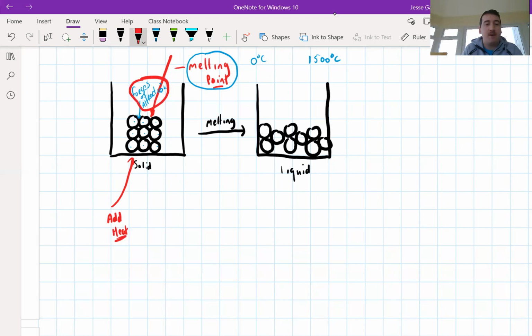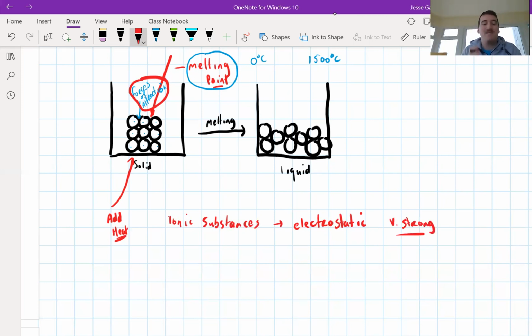Now, it so happens that the type of force of attraction in ionic substances is called the electrostatic force of attraction. This is a very strong force of attraction.